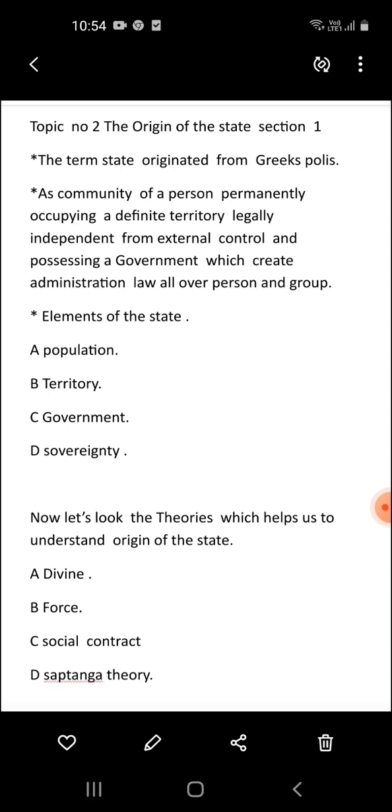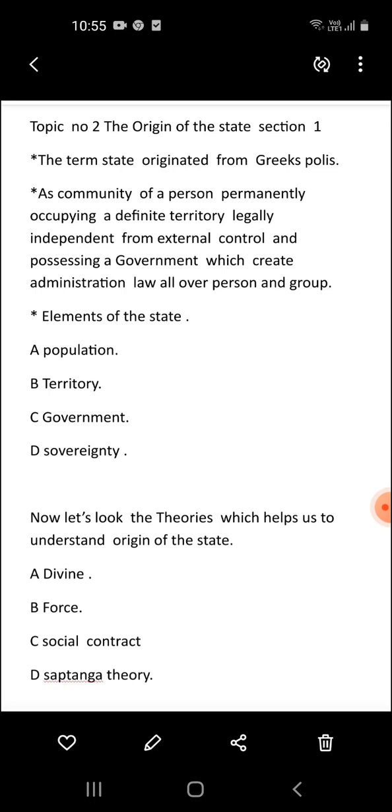Now, third point, elements of the state. There are four basic elements of the state. The first and basic element is population, second is territory, third is government, and fourth is sovereignty.